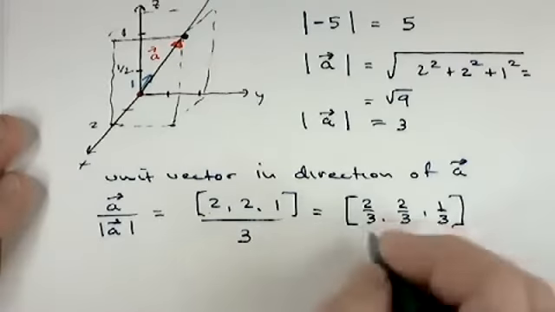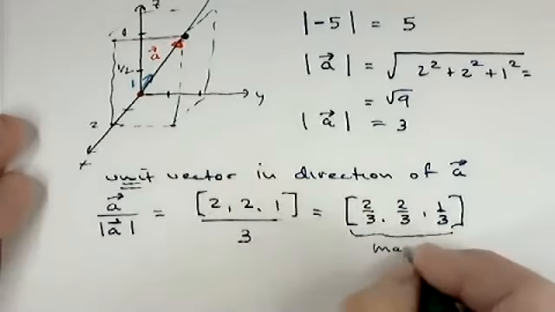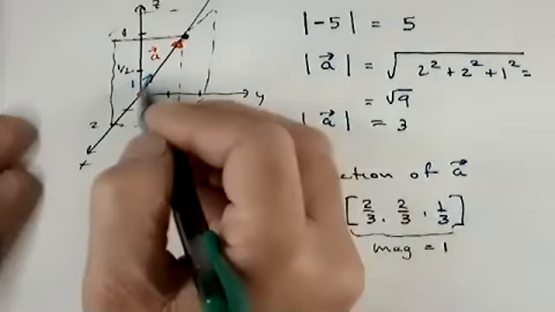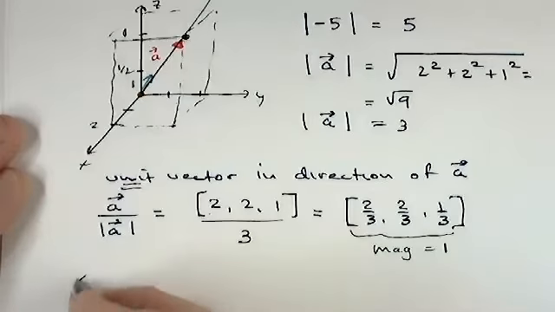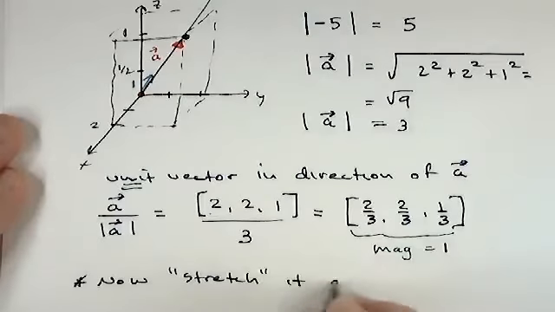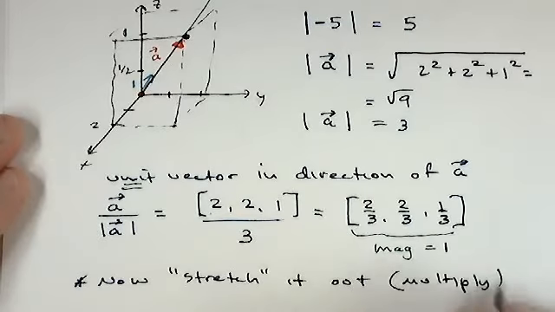So again, this magnitude, that's what we mean by a unit vector. The magnitude, I'll just put MAG for this, is equal to 1. That's 1 unit long. That's this vector here. So now multiply it by 7. I'll put, quote unquote, stretch it out, meaning multiply by 7.